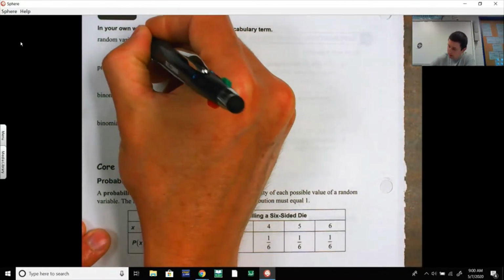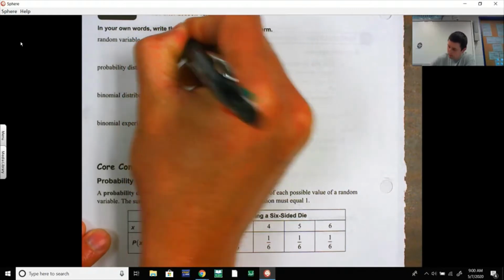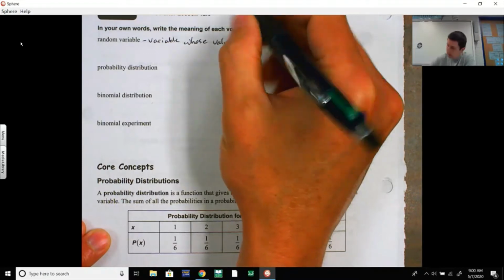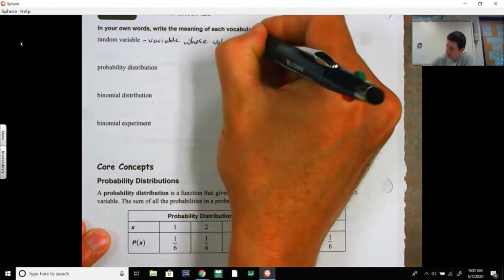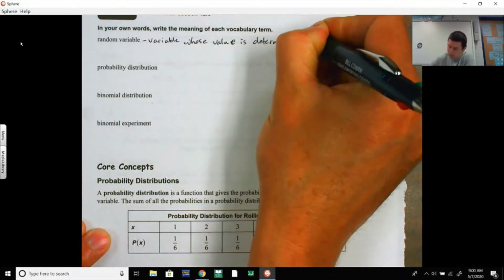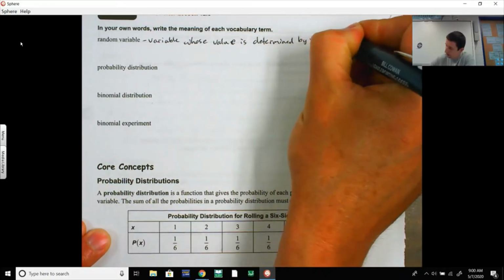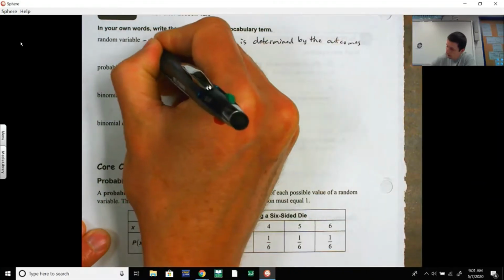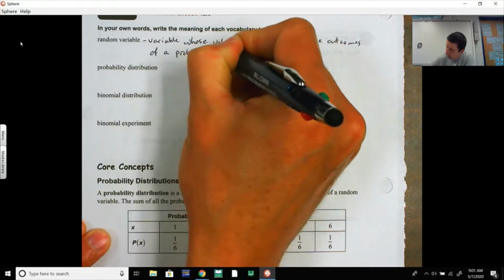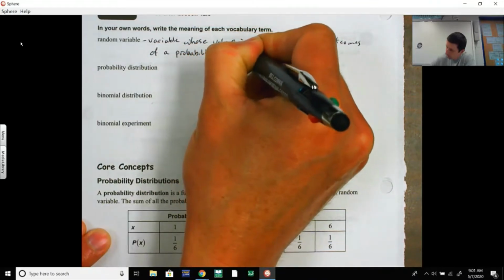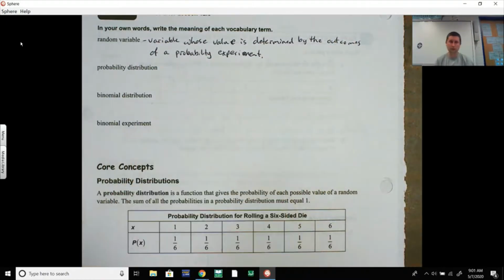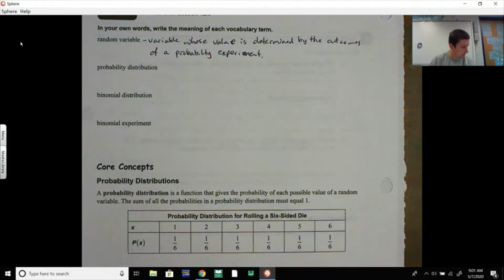And this is just going to be a variable whose value is determined by the outcomes of a probability experiment. Okay, so that's your random variable. So it's how many heads will you get, how many tails will you get, that sort of thing.